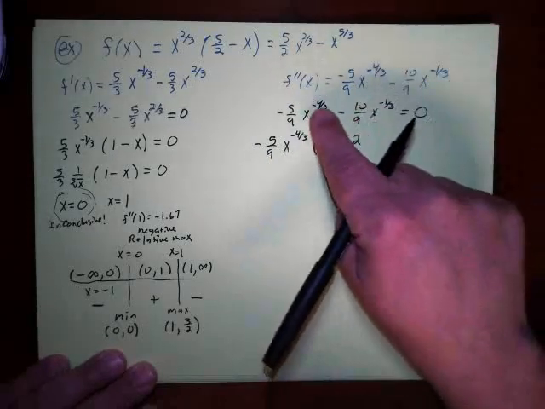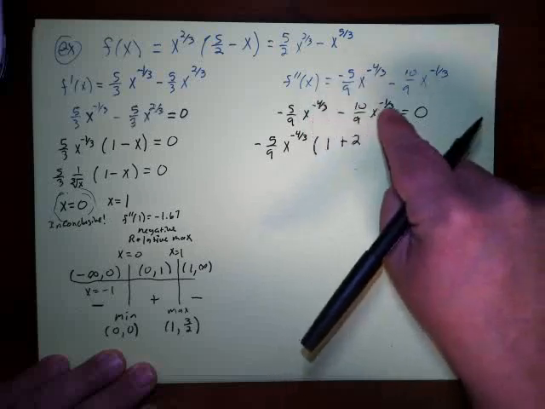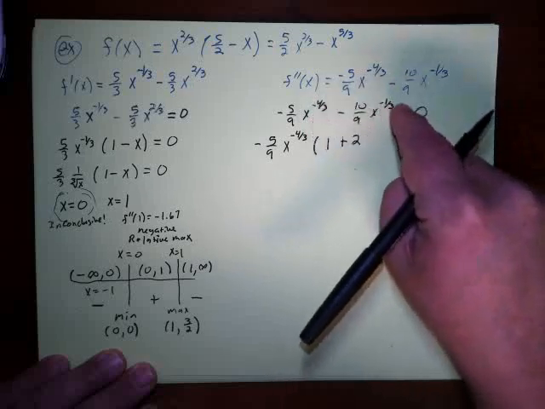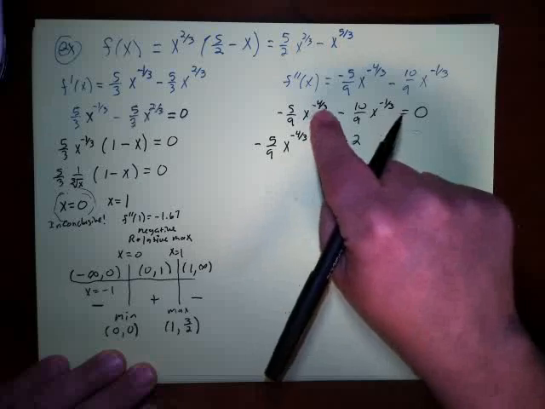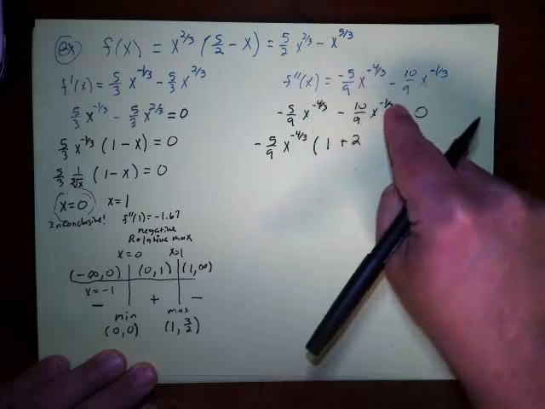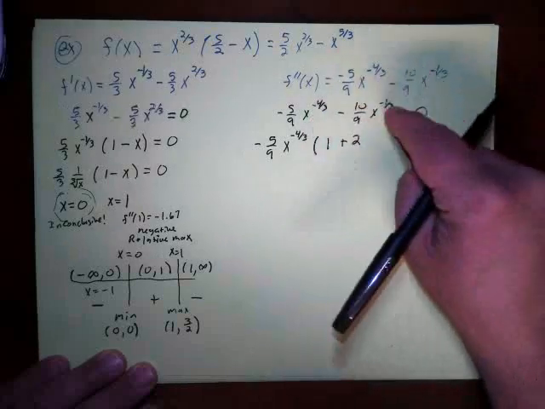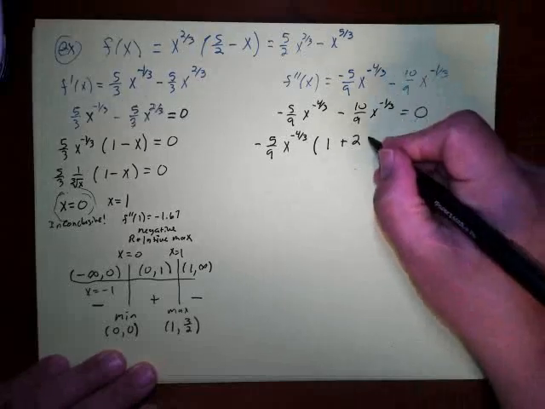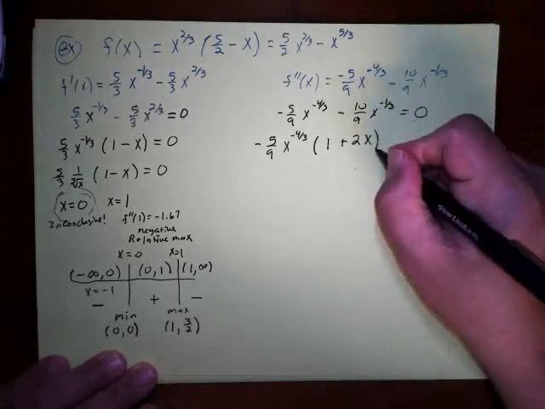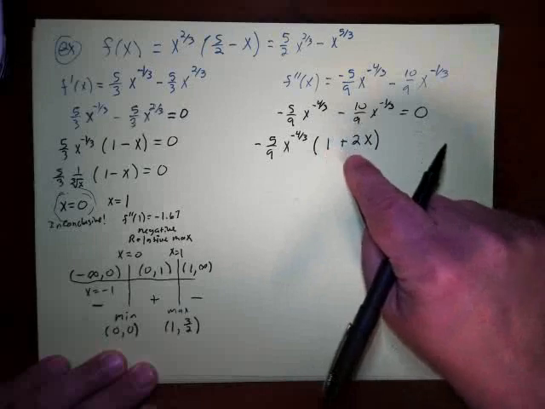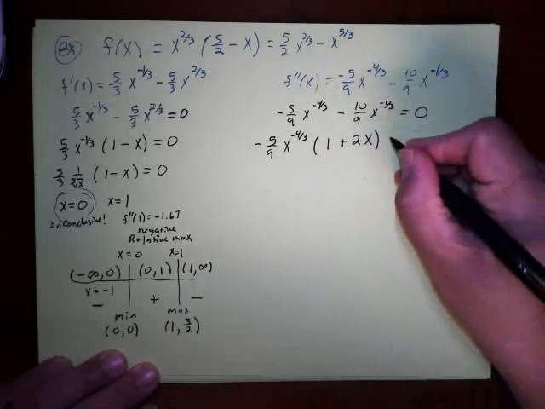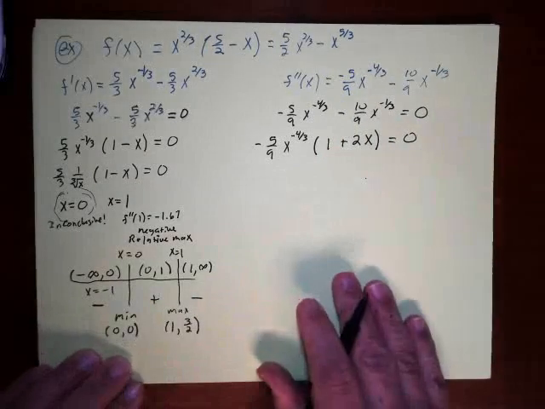And then what I'm doing is I'm going to take negative 1/3 minus a negative 4/3. So that's negative 1/3 plus 4/3, which is just 3/3, which is just an exponent of 1, which is just x. So I get 1 plus 2x here. And so I have this equation.